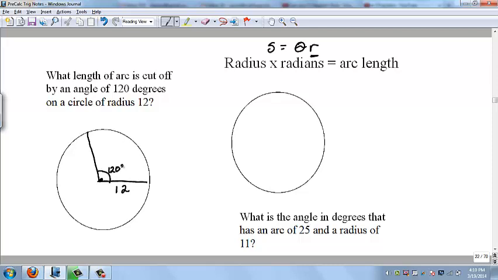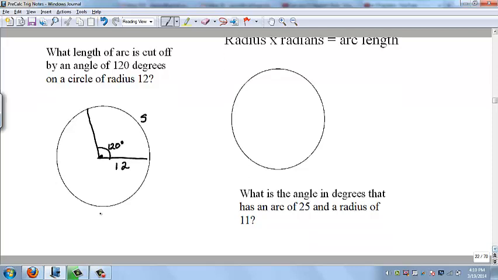Okay? What's the arc? And the arc is called S. So I do it like this. I say, okay, S equals R times theta. S equals 12 is my radius, but I can't write theta here. I have to convert it. So I go, okay, what's 120 degrees in radians? So I have to multiply by pi over 180.